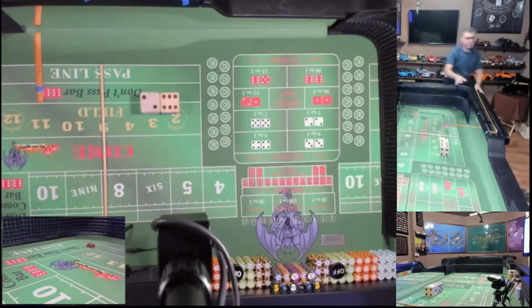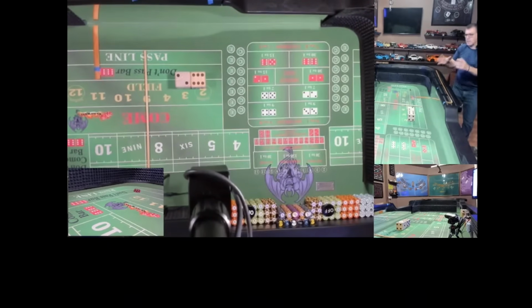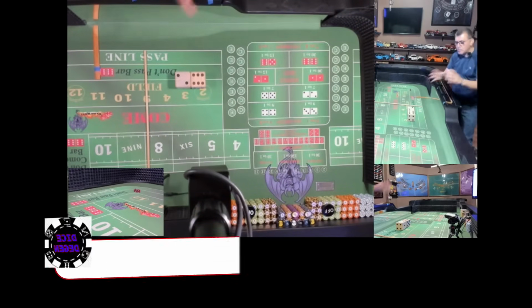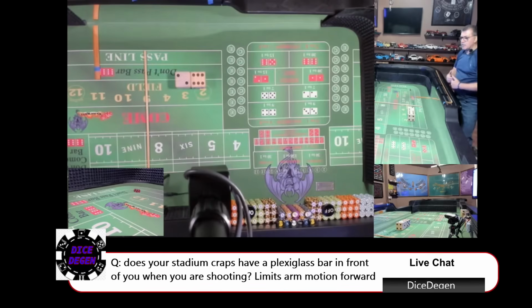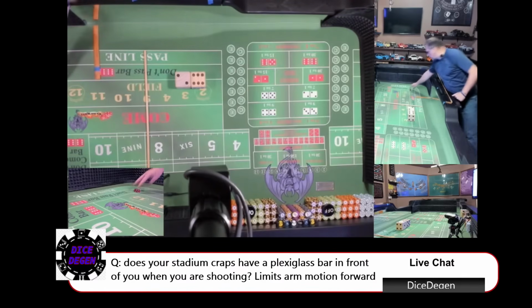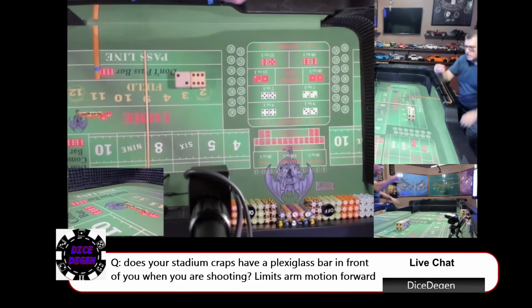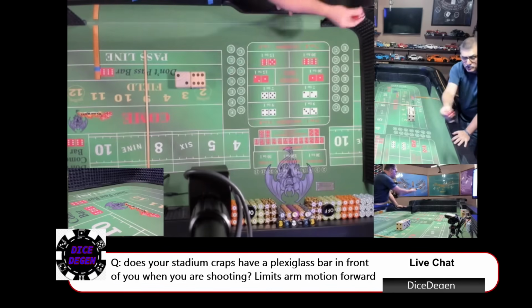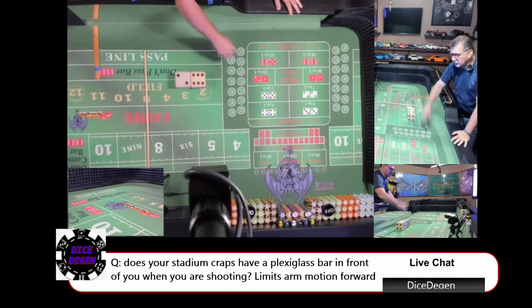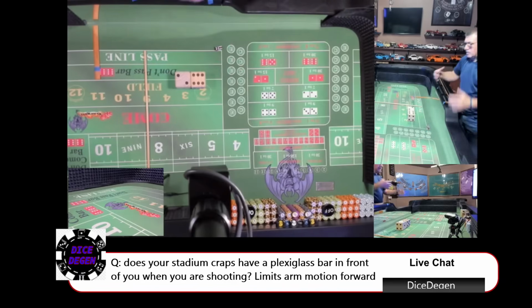To me, those are parameters that I can use to my advantage. So any type of table that you can touch the dice, whether it's roll to win, a regular craps table or a stadium craps, has different parameters.